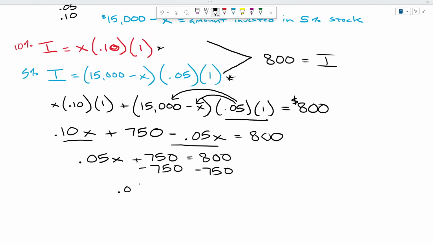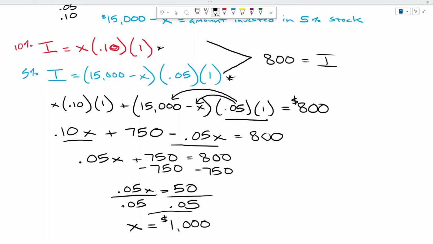So we have 0.05x equals 50, and then divide out the 0.05, and it looks like x will be equal to 1,000.